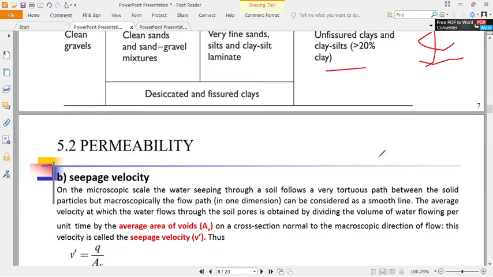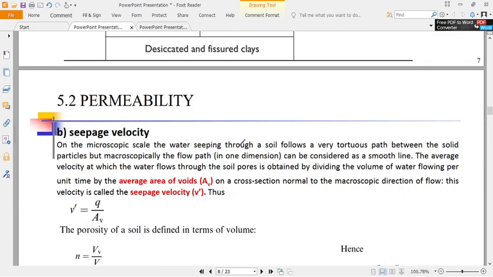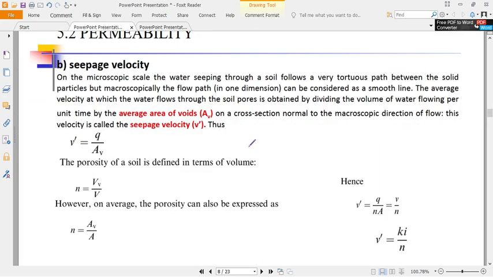So we are going to look at what we call the seepage pressure and the velocity at which water moves through pores. It's very simple. For the seepage velocity, assume this is soil.